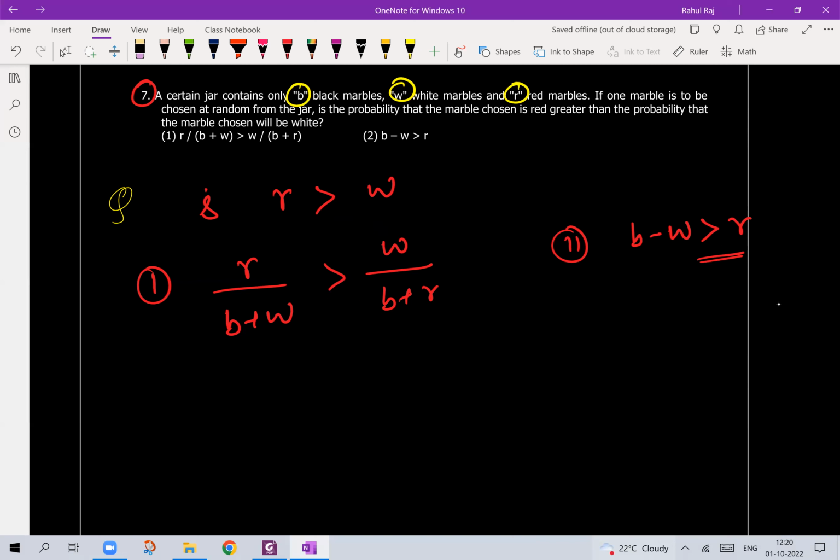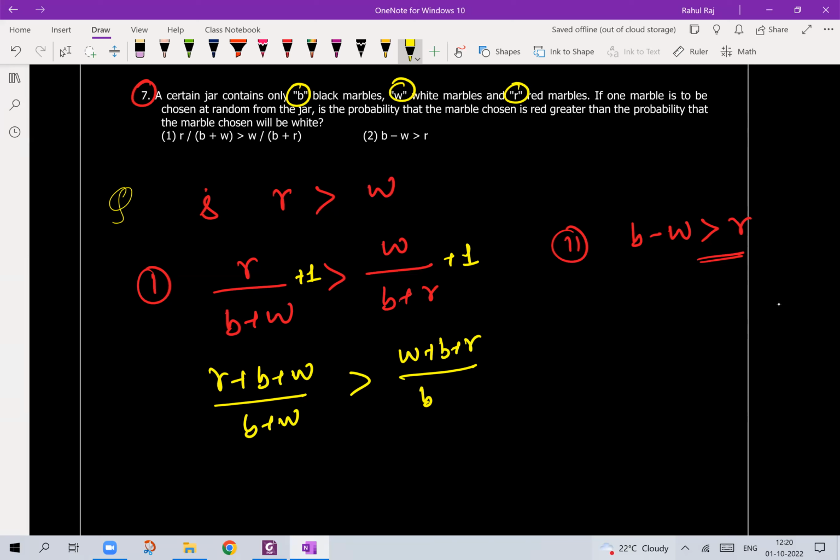What would work exactly? And it's very simple. Tell me, if I add plus 1 on both the sides, will my numerator become the same or not? Think about it. Statement number 1 will become (R plus B plus W) over (B plus W) is greater than (W plus B plus R) over (B plus R).